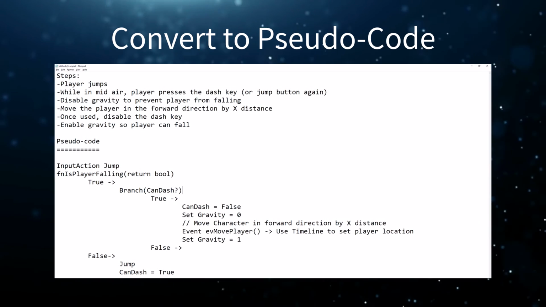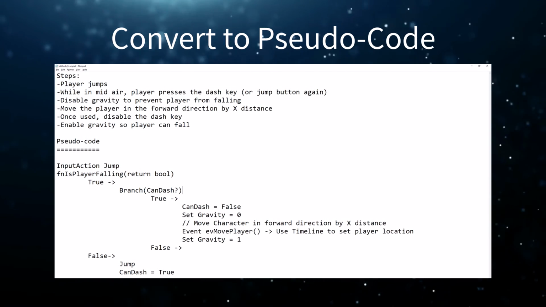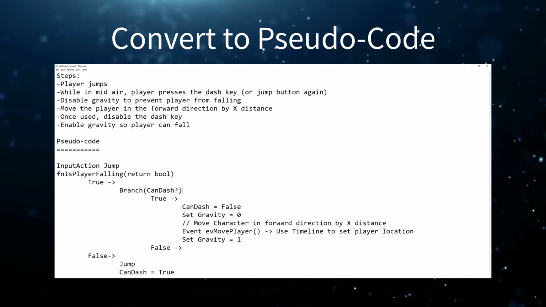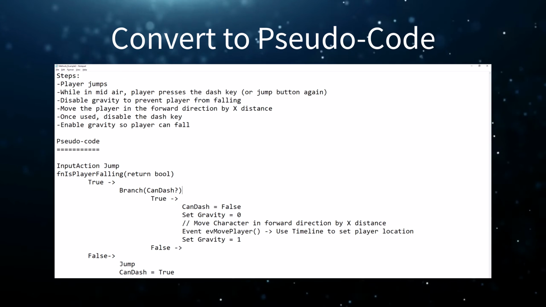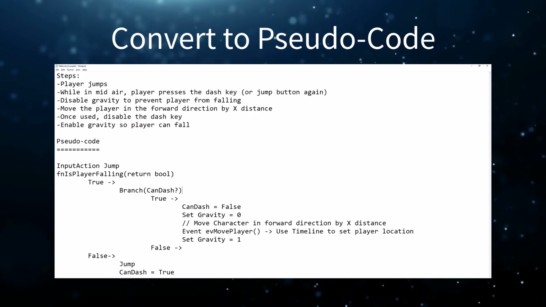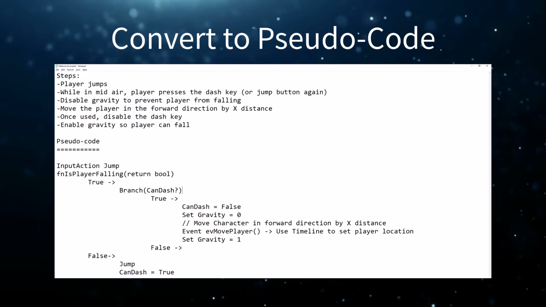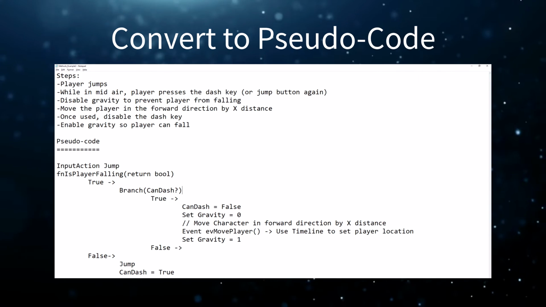And here's an example of some pseudocode following the steps above. The player hits the input action jump, then a function called isPlayerFalling is called, which returns a boolean. If the boolean is true, we do a branch with a variable called canDash.